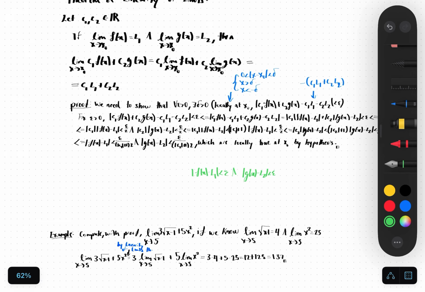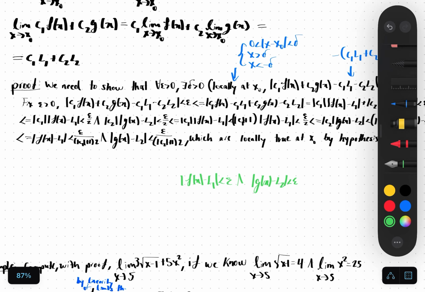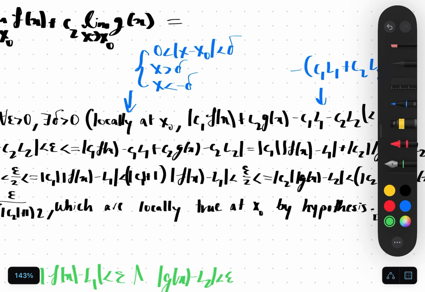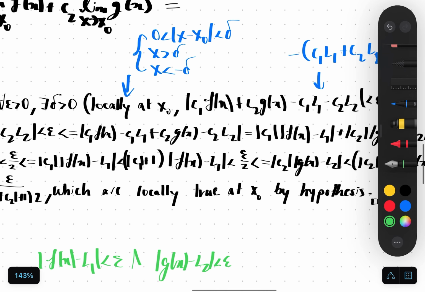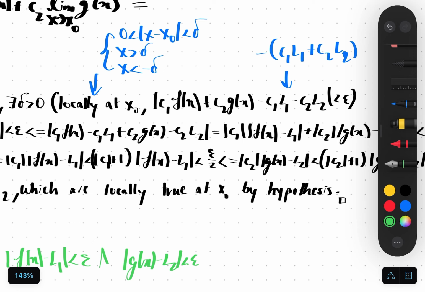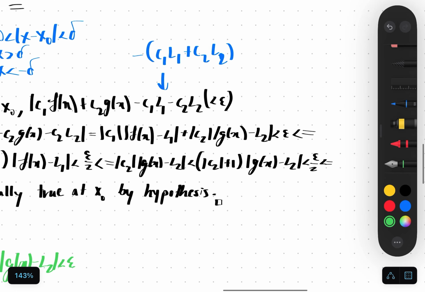So how are we going to get to that step? Well, we have to group this over here and factor out C1. So notice we have the absolute value of C1 times the absolute value of f of x minus L1, plus the absolute value of C2 times the absolute value of g of x minus L2.